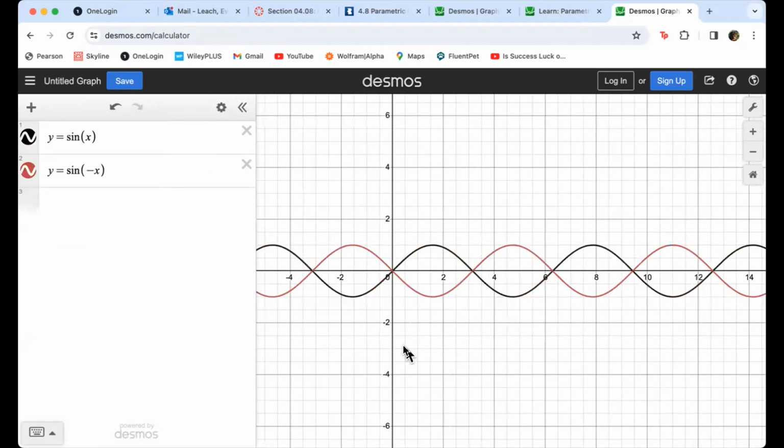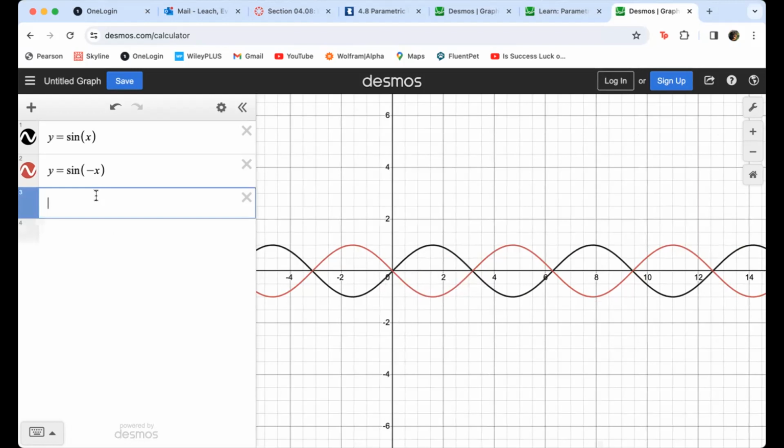So what we've done here is we've taken the basic graph in basic black, and instead of going from 0 to infinity, I've changed the direction. Instead of plugging in pi and going over here, we're plugging in negative pi, so it's going the other direction. We can do this with other changes to the input.